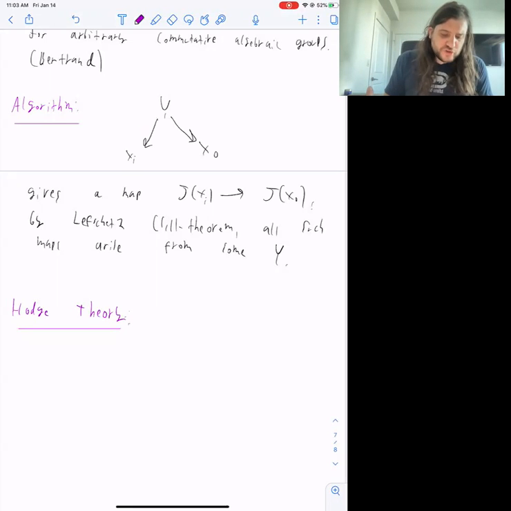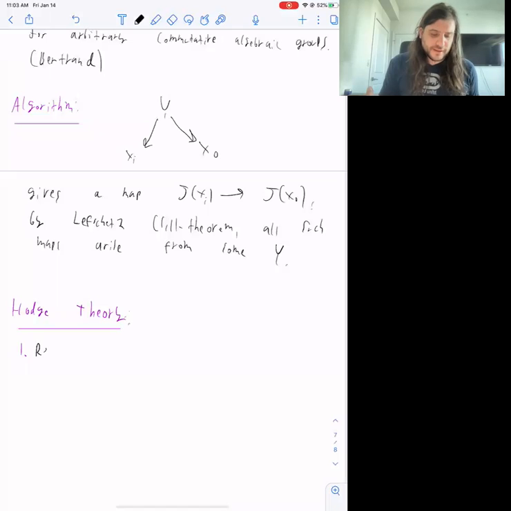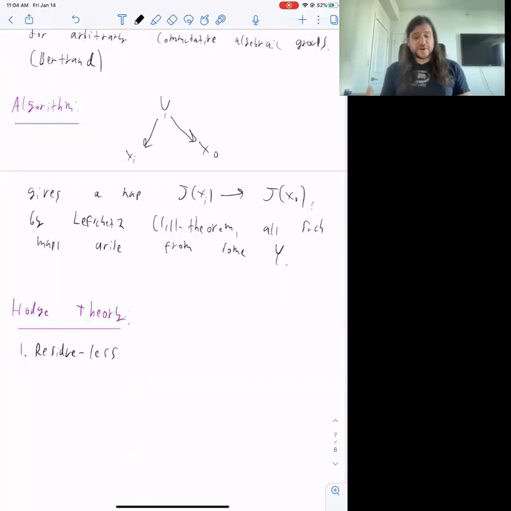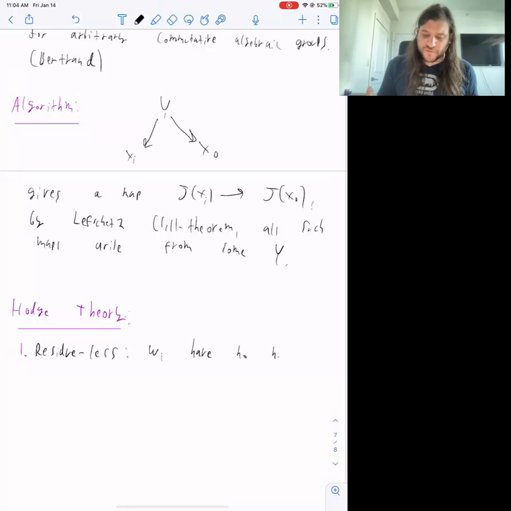There are 2 different cases that I want to separate into. Case 1 is the residueless case. It turns out more important than being regular versus meromorphic is: do our forms omega i contain any non-zero residues? So the first case is that the omega i's we start with have no non-zero residues.